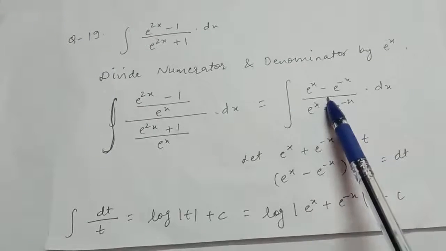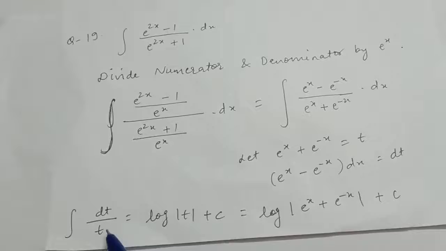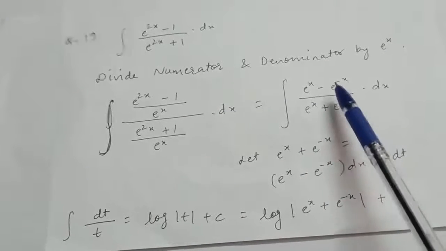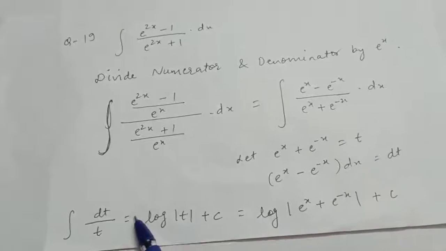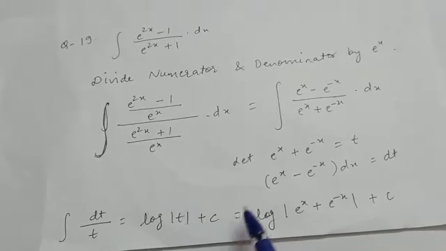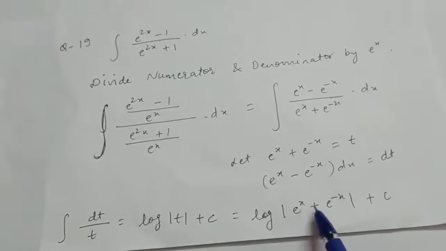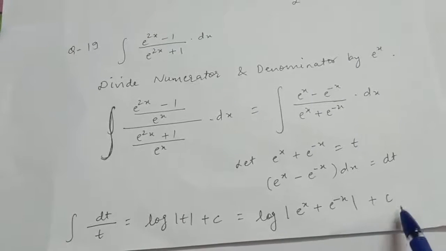So the given integral now becomes integral of dt by t, because in place of this put t and this into dx becomes dt, right? Now the integral of this is log mod of t plus c equal to log, in place of t put e raised to the power x plus e raised to the power minus x plus c.